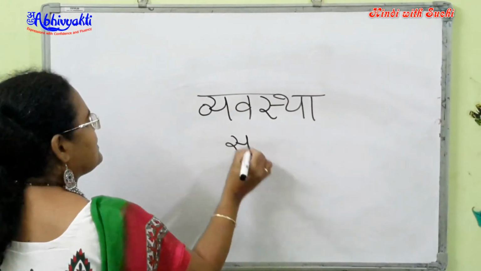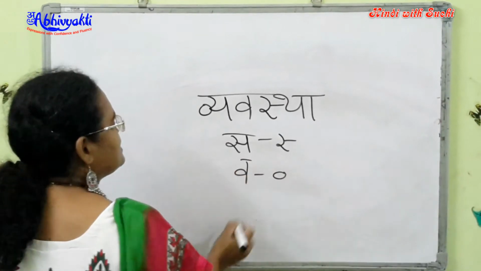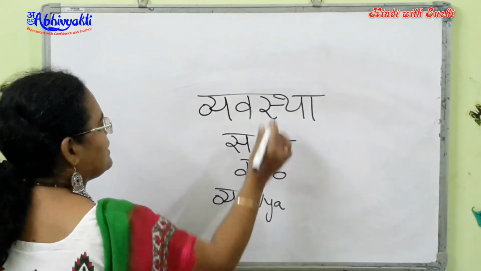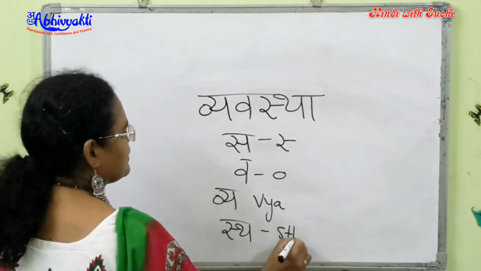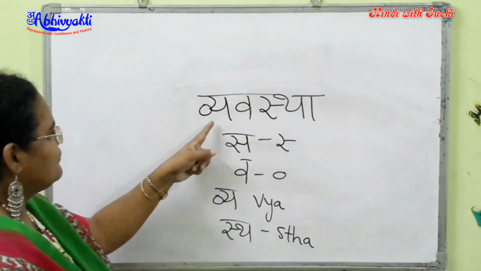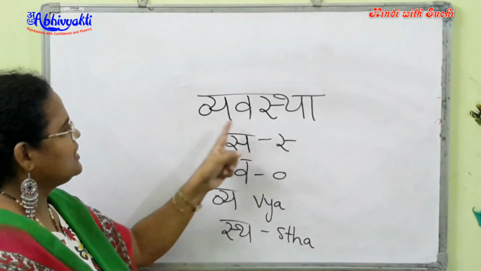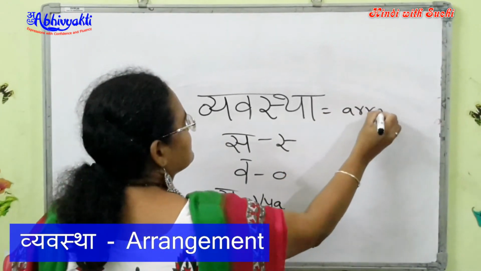So again we are going to have the s in a compound and v in a compound. So this is vya and stha. Vyavastha, vyavastha. Vyavastha is arrangement.